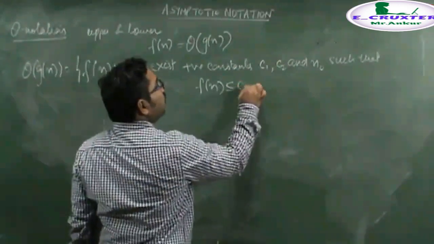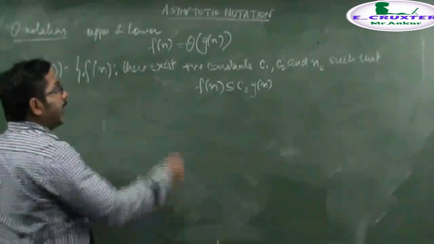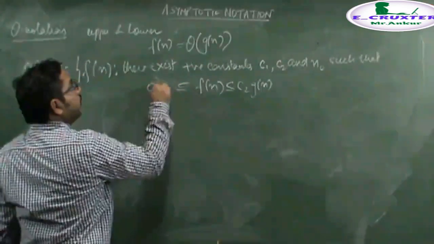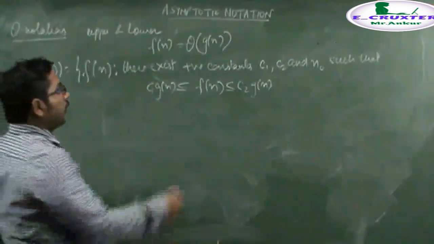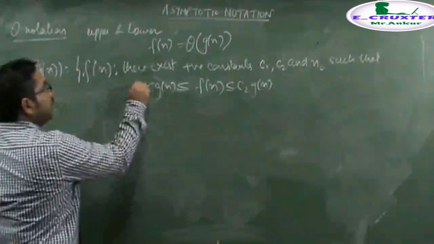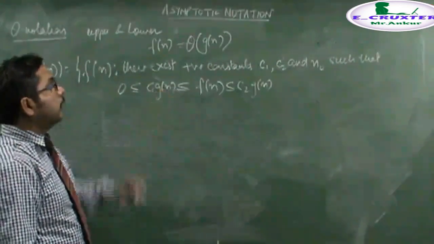That is, I am multiplying the g(n) function with the constant C2, and it is acting as the upper bound for it. And when I multiply it by the constant C1, then it is acting as the lower bound for f(n). And these are greater than or equal to 0. That is, these are all asymptotically positive functions.